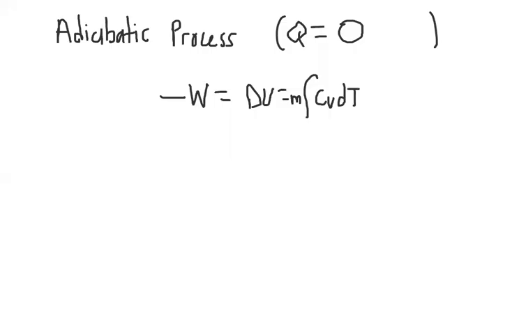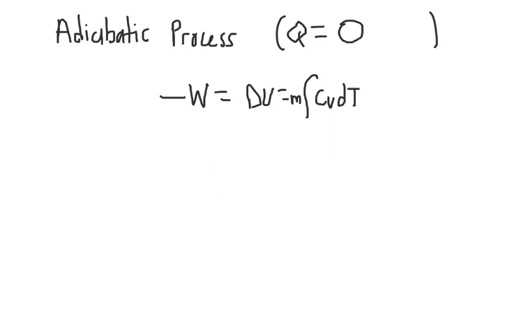There is also a very special process, which is called the adiabatic process, where the heat equals 0. Here, the first law of thermodynamics is going to be minus W equals delta U, which is going to be m integral of Cv dT.